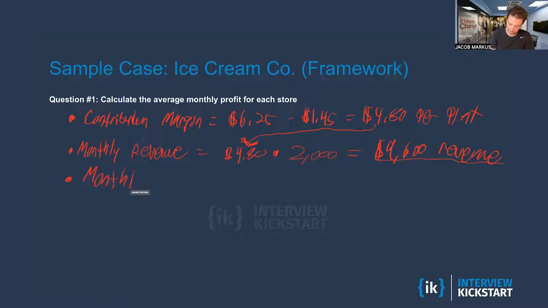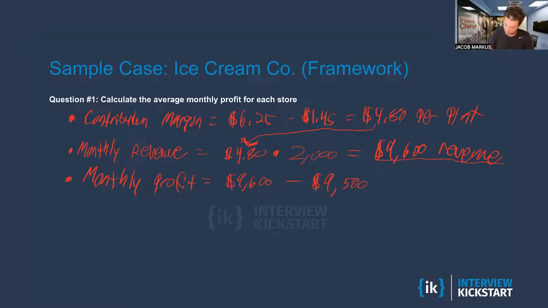And what about the monthly profit? So that is the $9,600 of revenue that we just calculated minus the fixed costs, which if you add those up in the monthly allocation, so it's $5,000 for labor, 2,000 for rent, 1,000 for utilities.